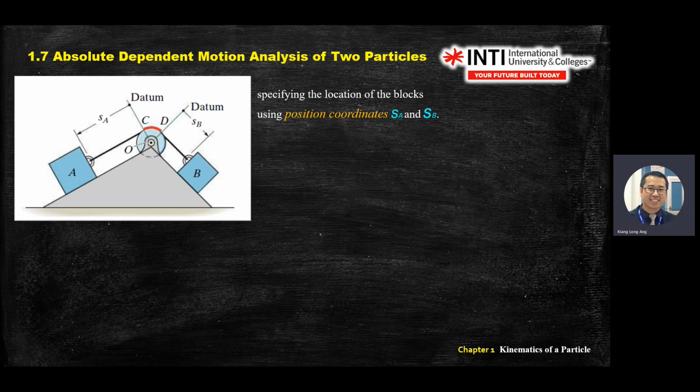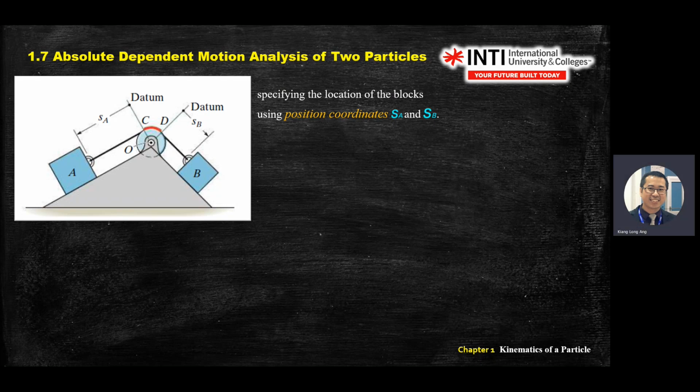So when you pull A, is SB positive or negative? Negative, because it moves up. Correct. And according to this diagram, AC, CD, DB is a constant length, right?